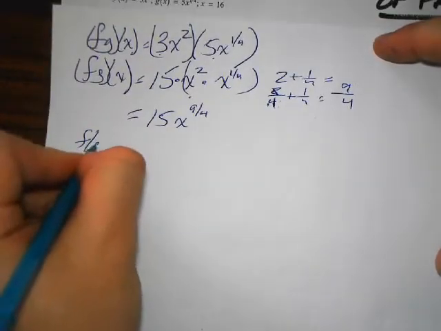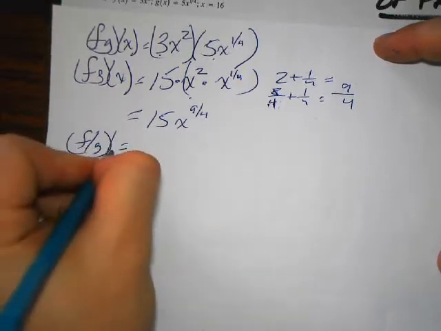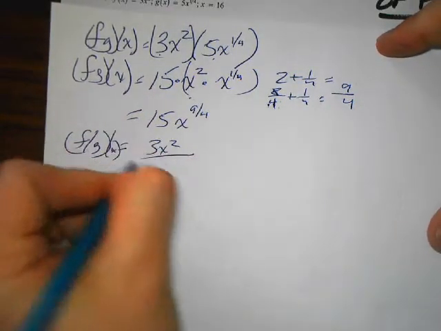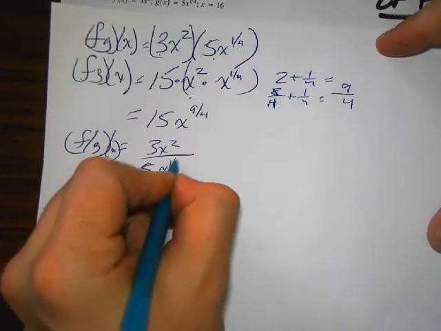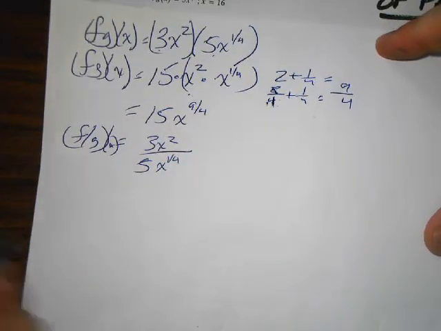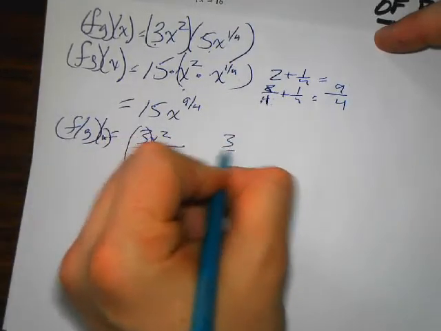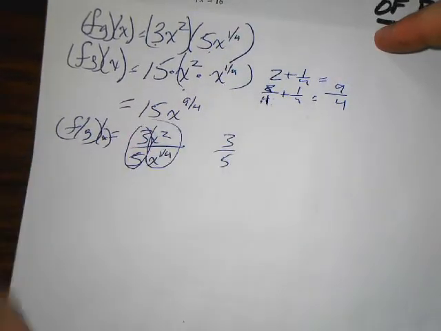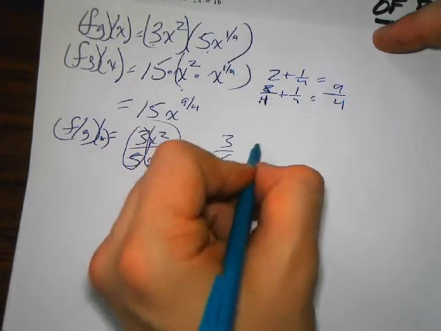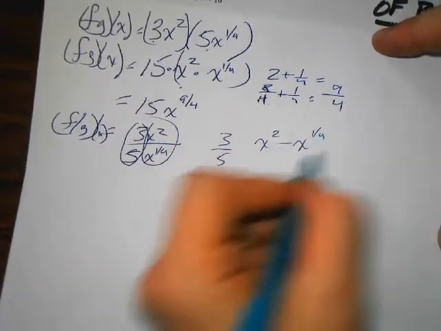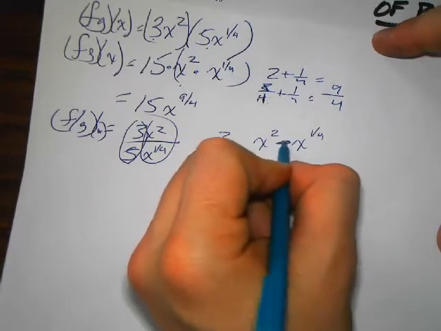f divided by g of x is going to be the same deal. We've got 3x squared, and we're dividing it by 5x to the 4th. So we're going to do the same thing. We have 3/5 here, like that. And then we're going to subtract these exponents, where it is x squared divided by x to the 1/4.